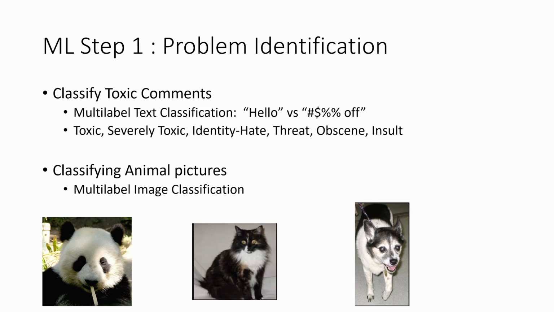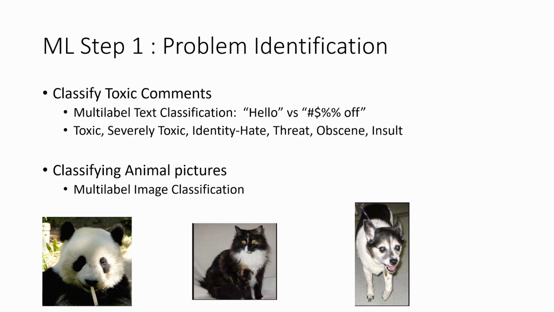So we start off as usual with our first machine learning step, and that's the problem identification. For our first problem, our natural language processing problem, we'll be looking to classify toxic comments.